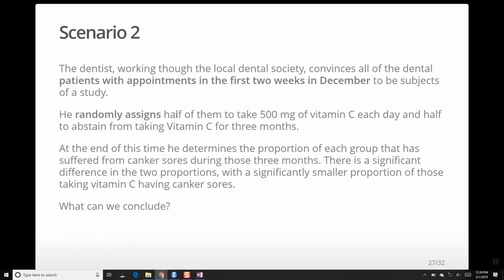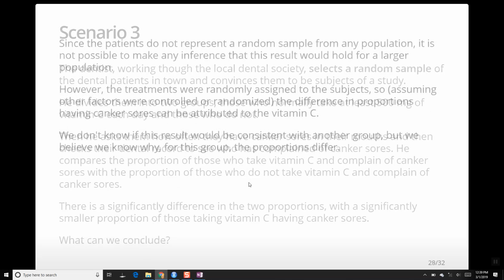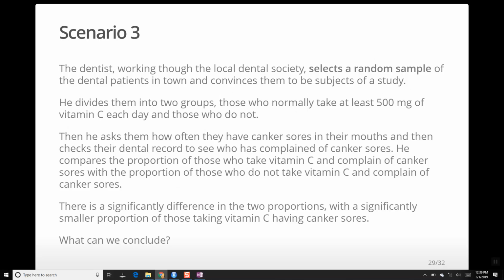And then we have to jump through some hoops and say, well, this group of patients that consented to do our study might generalize to this larger group that we can then make inferences about over here. We might not be able to make cause and effect conclusions quite as easily, but there is something there.